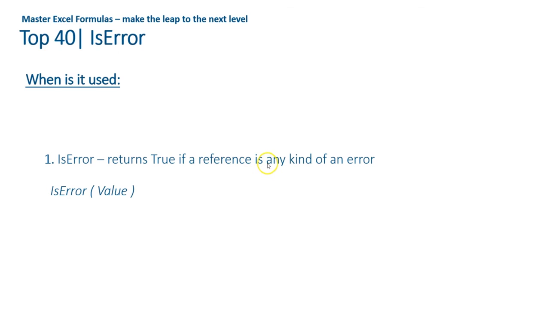That's why the explanation here specifies any kind of an error. The structure of the formula is that all we need to do is put the value, or the specified cell, within the brackets.